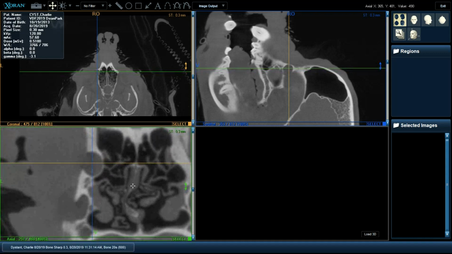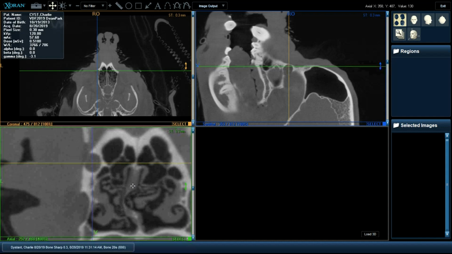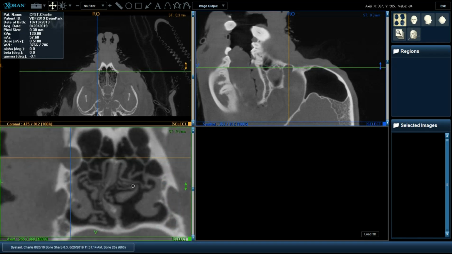Where the center of the cyst might be and where it's coming from, I'm not entirely sure. This could be the lacrimal canal, it probably is. It could also be from the orbit. But this is the sort of lesion that you're going to start to see on a regular basis.